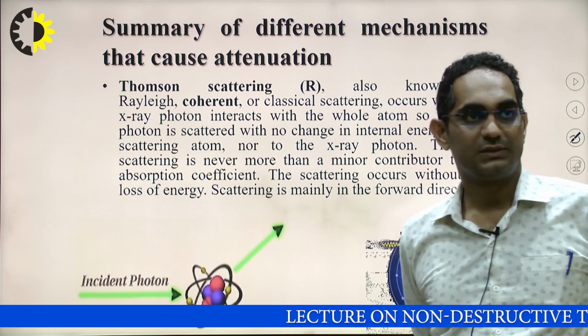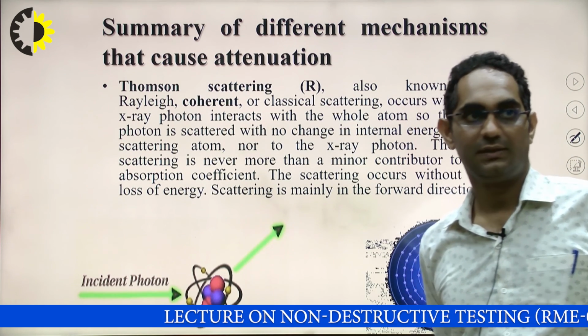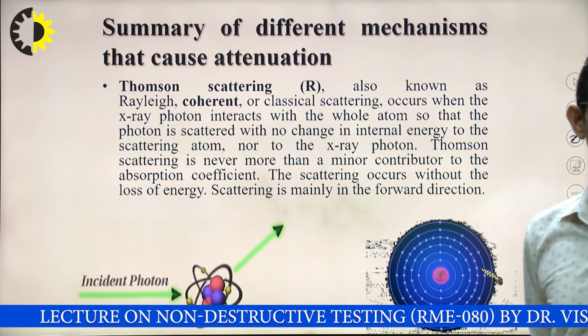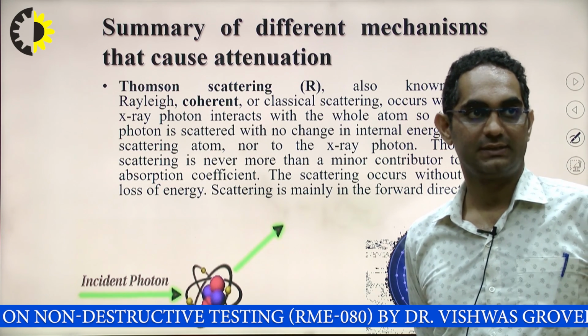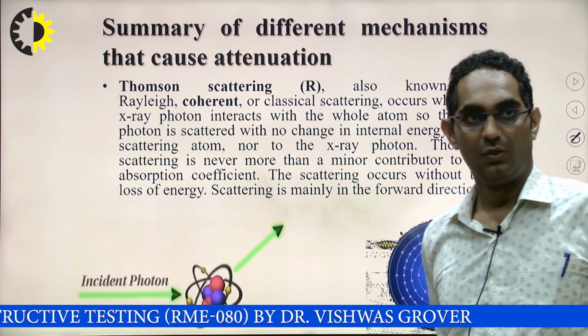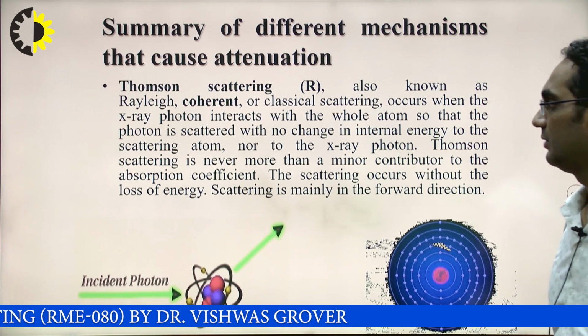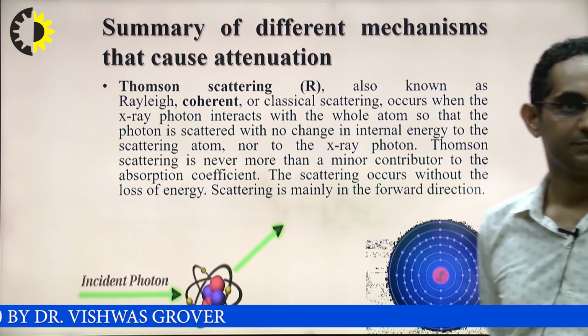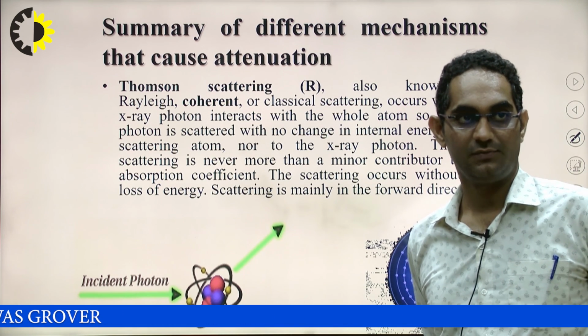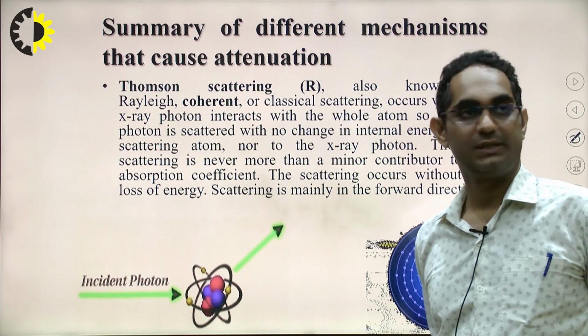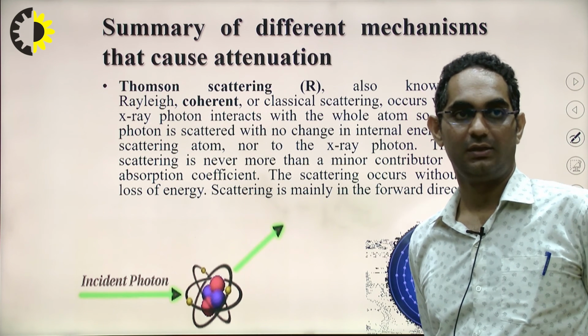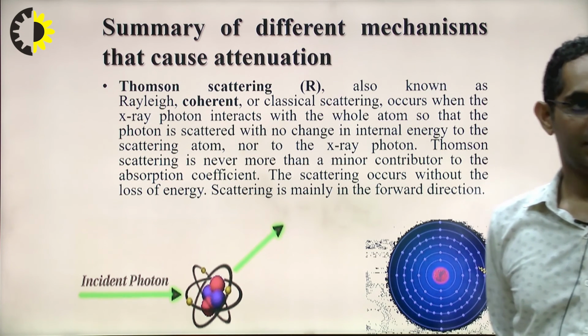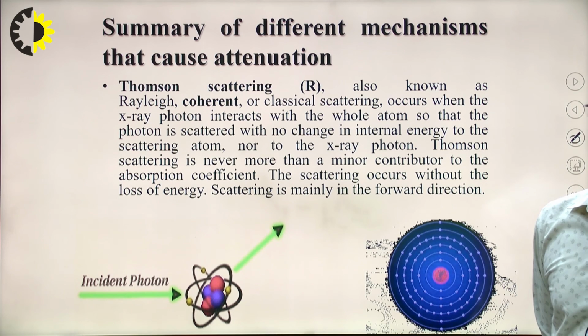Next is the Thomson scattering, also known as Rayleigh, coherent or classical scattering. It occurs when the X-ray photon interacts with the whole atom so that the photon is scattered with no change in internal energy to the scattering atom.